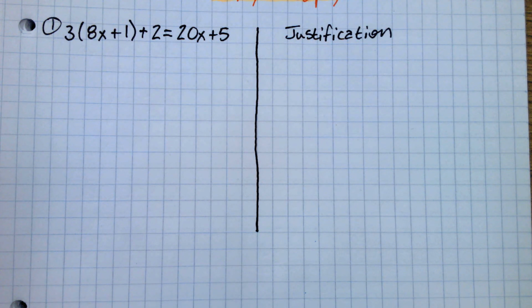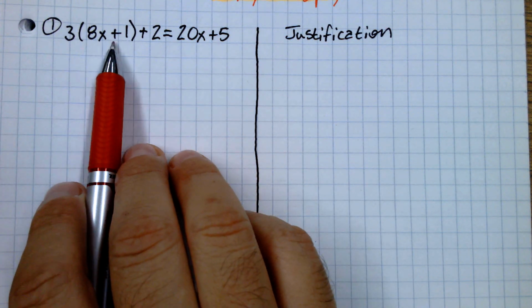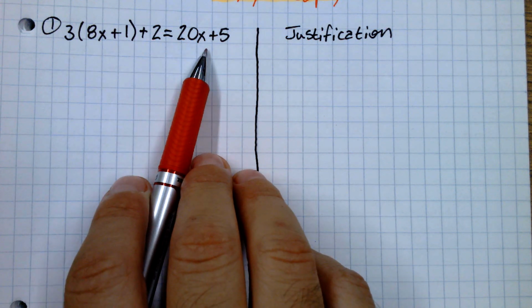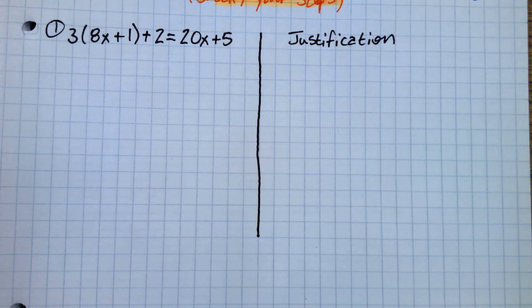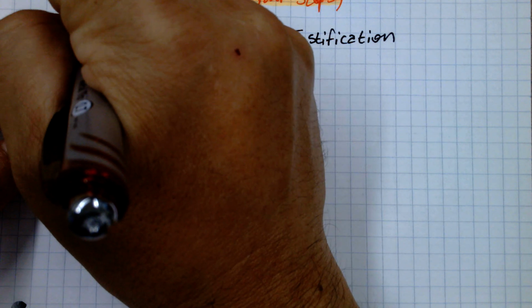Okay, so let's take a look at this equation. 3 parentheses 8x plus 1 plus 2 equals 20x plus 5. Now, let's start with the first step. What do we need to do first? Distribute. If you have parentheses, we want to distribute.